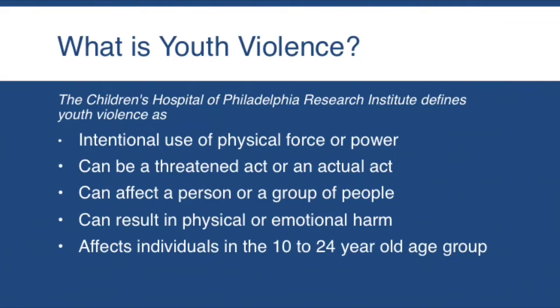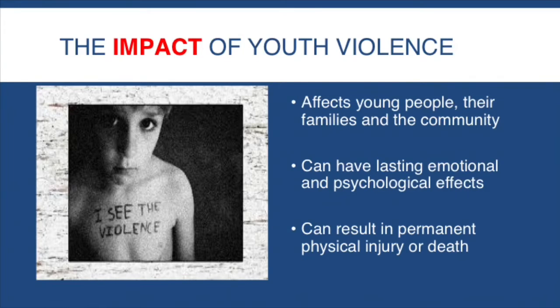Children can play any role in youth violence. They may be the perpetrator, the victim, or a witness. Regardless of the role the child plays, these incidents can severely impact them throughout their lives. Acts of violence can affect not only the student, but also their family and their community.